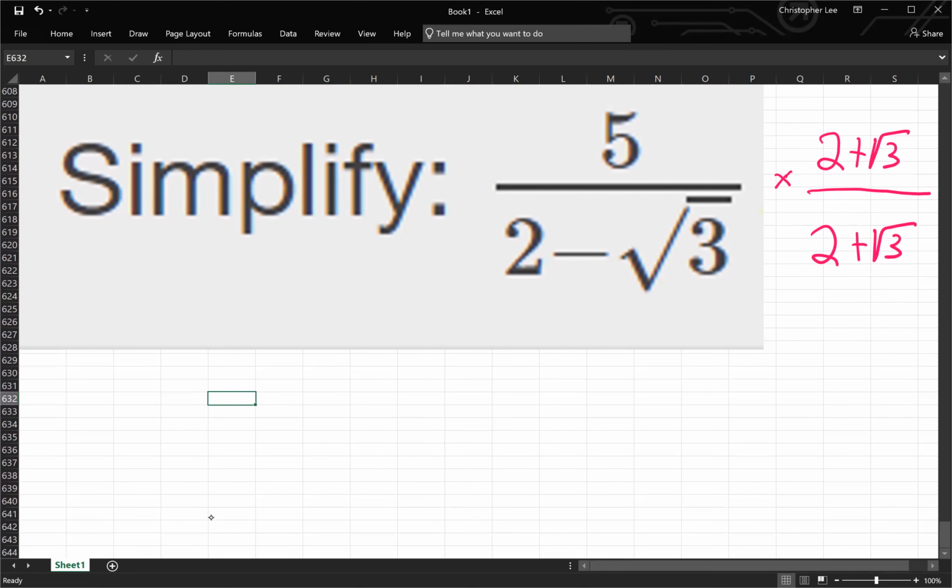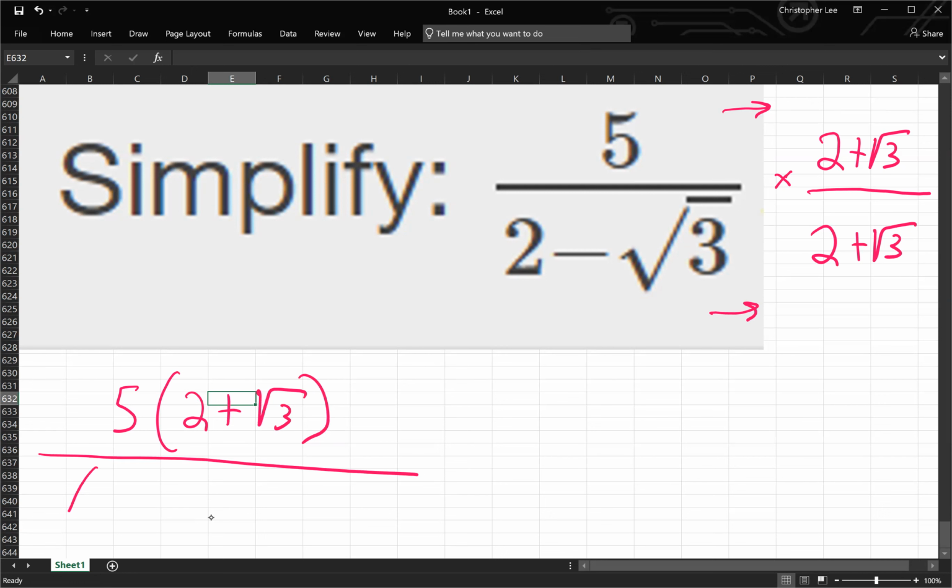And how do we multiply fractions? Straight across, right? So what does this become? It becomes 5 times 2 plus square root 3 over 2 minus square root 3 and 2 plus square root 3.